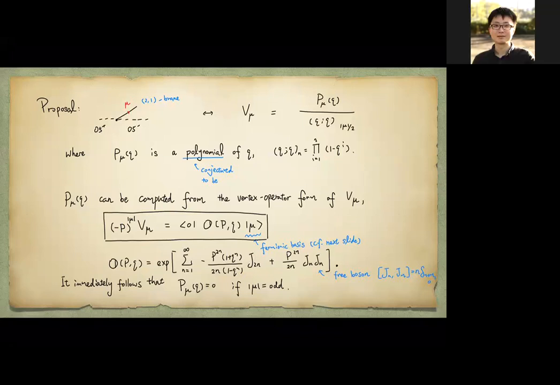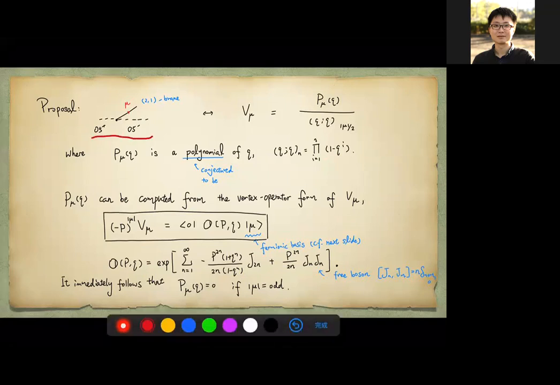Now I explain the details of our proposal. As I said before, we introduced a new topological vertex, denoted as V of mu. The subdiagram that corresponds to this topological vertex looks like this, and we will see that it's an intersection point of this (2,1) fibril and the orientifold.